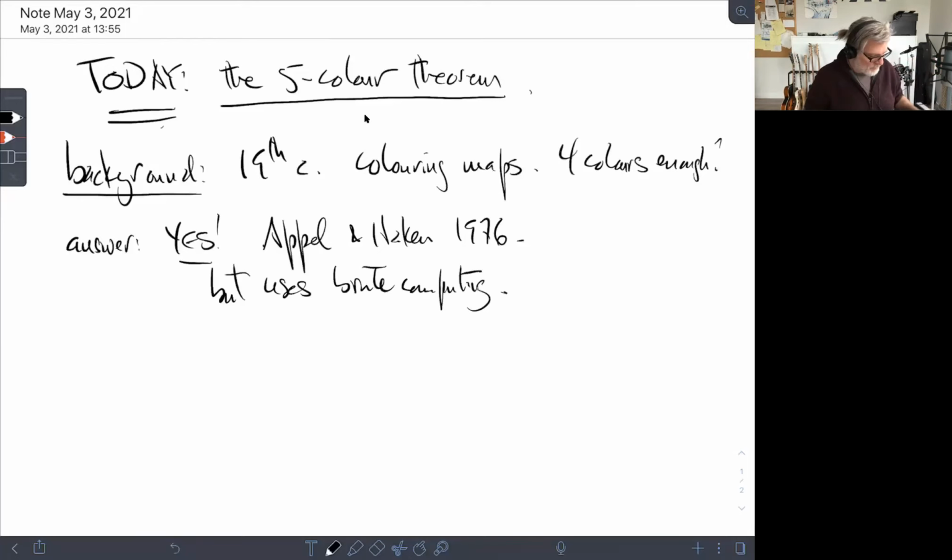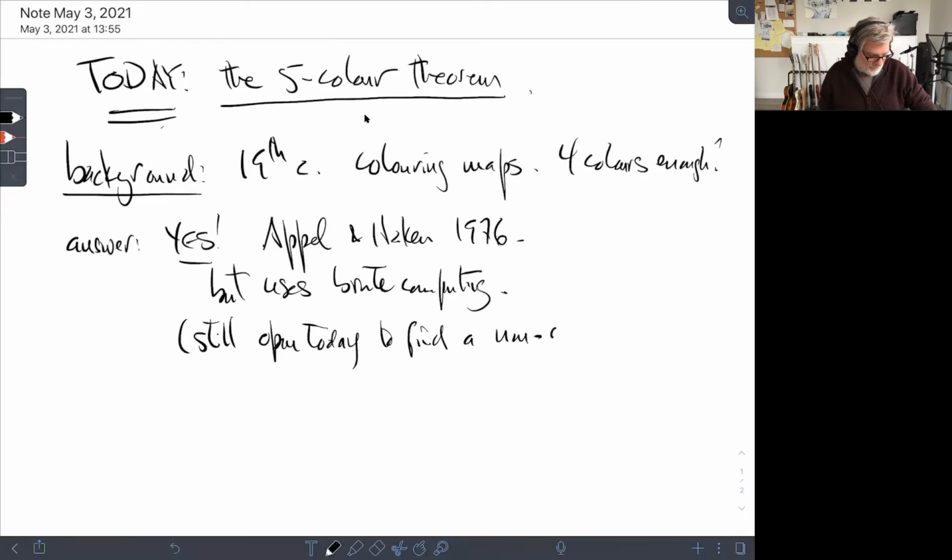I don't know, that's not the right word, but with no computing or very little computing, it has been simplified, but still there is no known proof which doesn't use some computing component. Okay, still open today to find a non-computer proof.